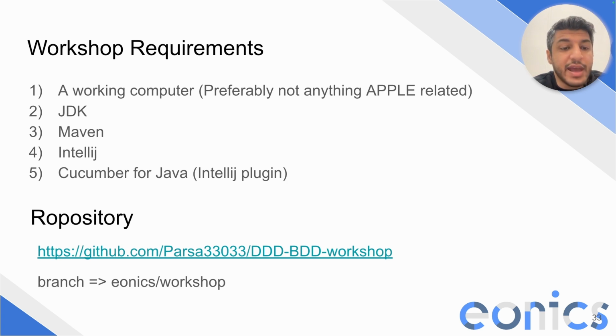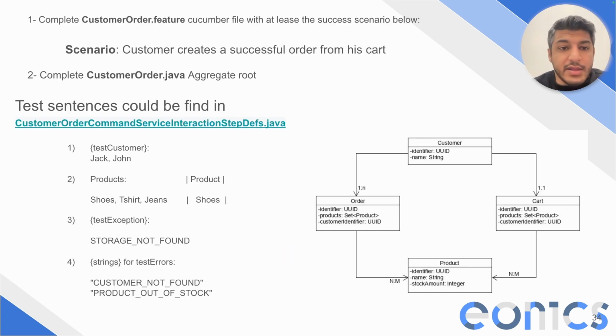And then this is what you need to do when you go to that branch in that repository. You can pause this and do the steps as defined here and in the repository on GitHub.